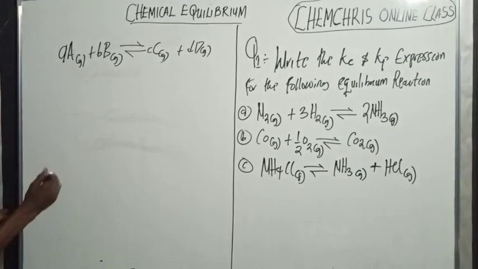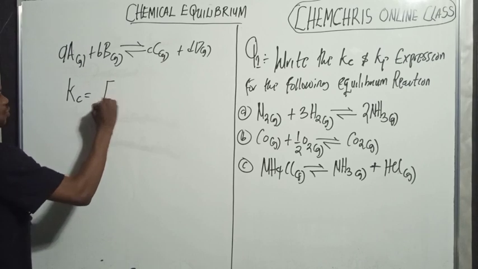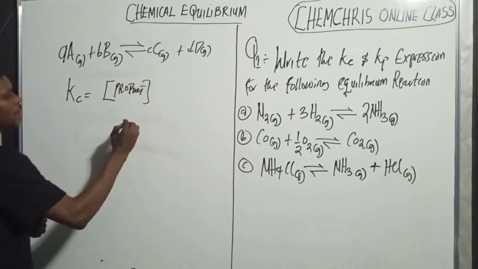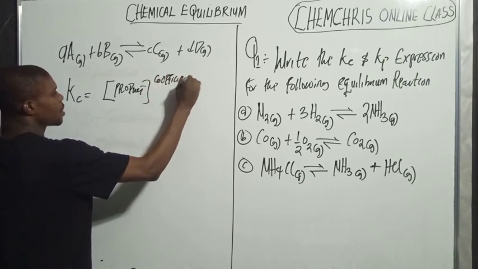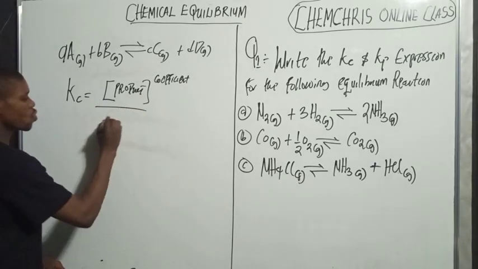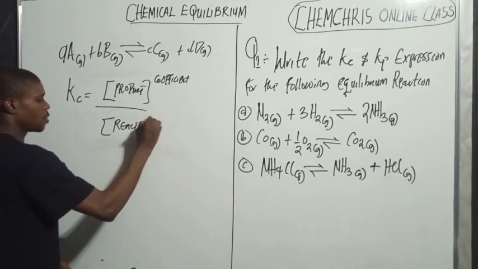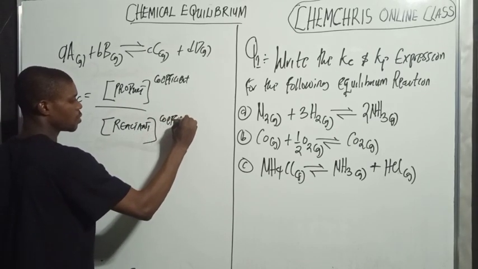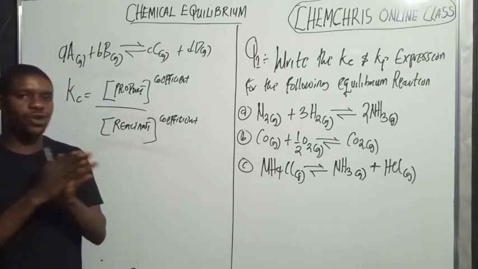Then the format here: Kc equals the concentration of the products raised to their coefficients over the concentration of the reactants raised to their coefficients. Right there. So this is the format you use to write the Kc expression.